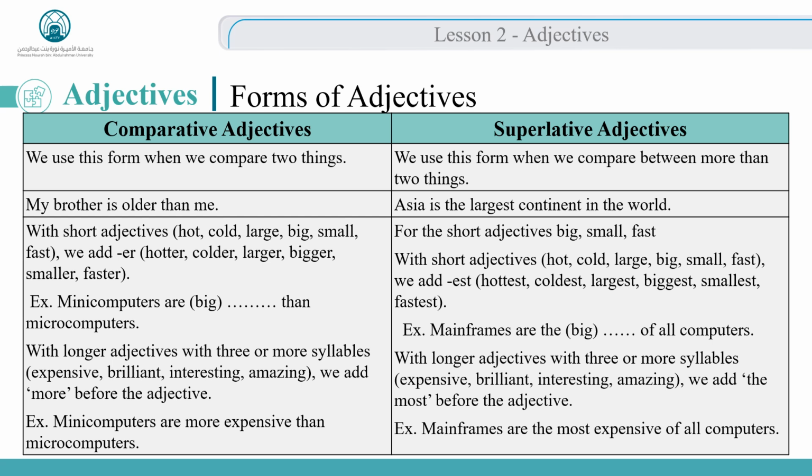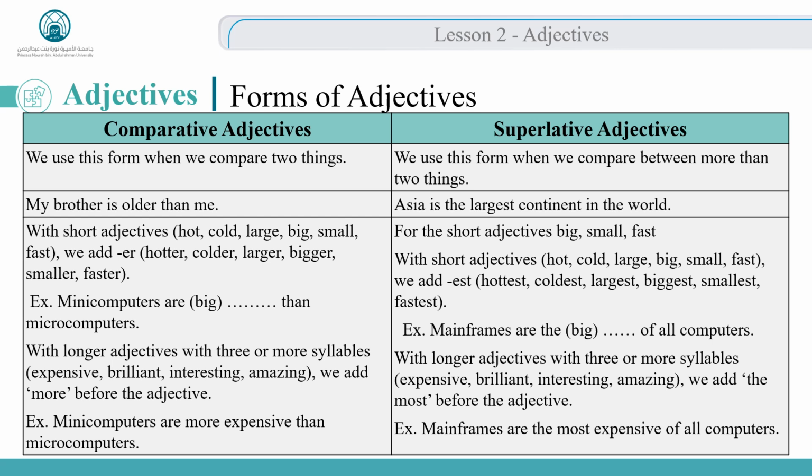As I told you before, we use superlative adjectives when we compare more than two things. We can say Asia is the largest continent in the world. Laptops are the most expensive portable computers. Just an example. Here, how do we form the superlative adjective?